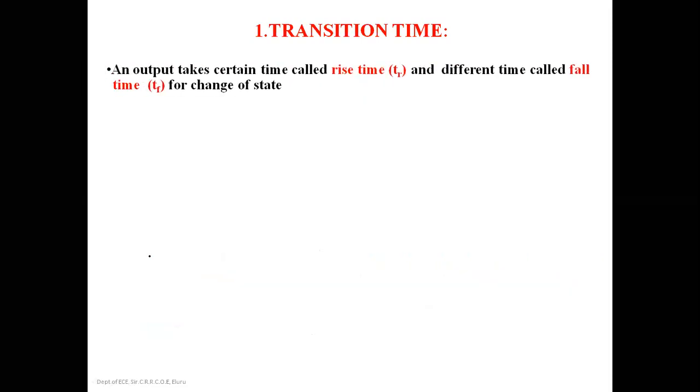The output takes a certain time, called the rising time, and a different time, called the falling time. The rising time is the transition from 0 to 1 and the falling time is the transition from 1 to 0.